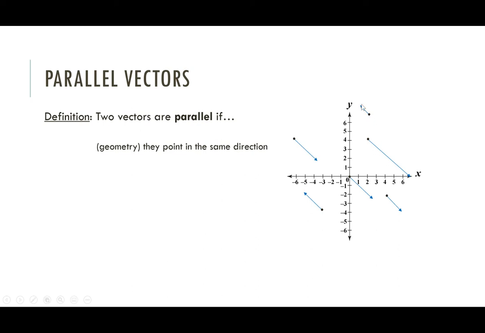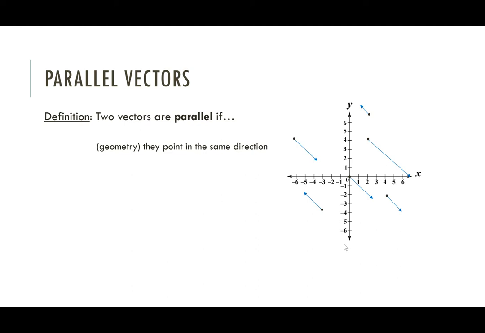Even though this guy's definitely pointing up to the left and this one's pointing down and to the right, we kind of say they're the same direction because they fall along the same line.